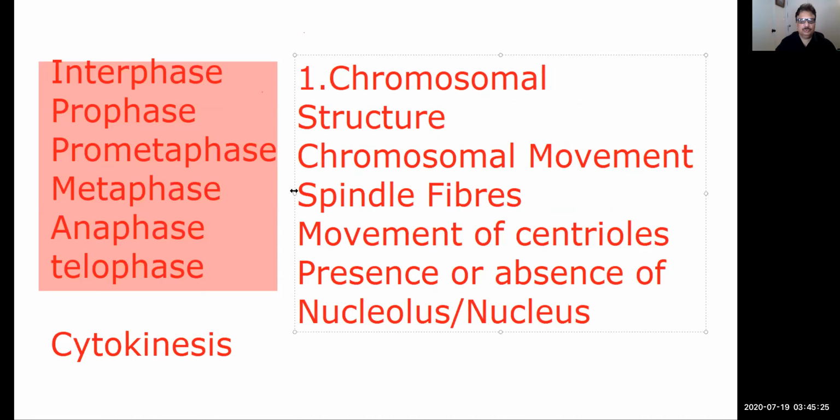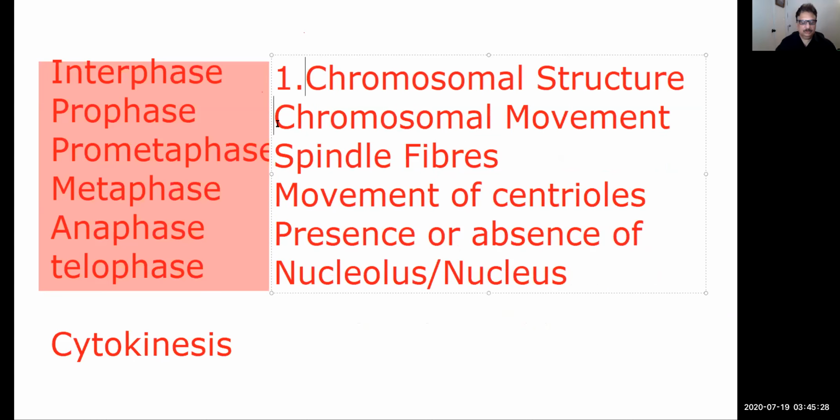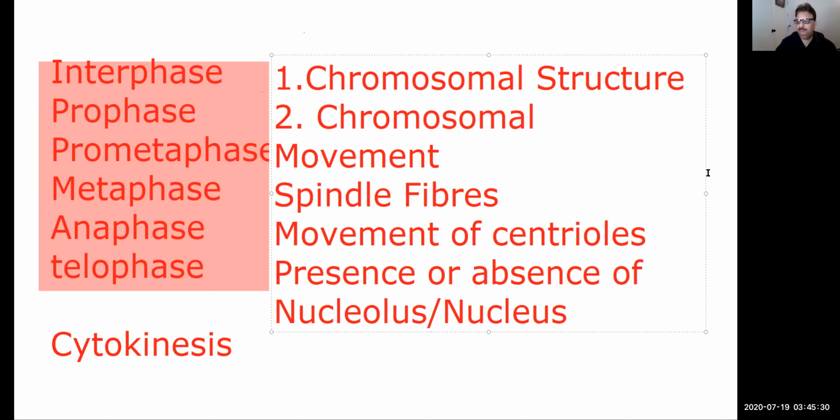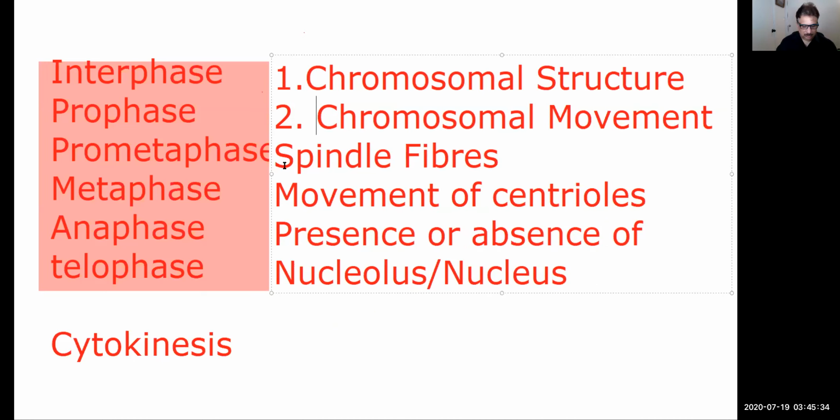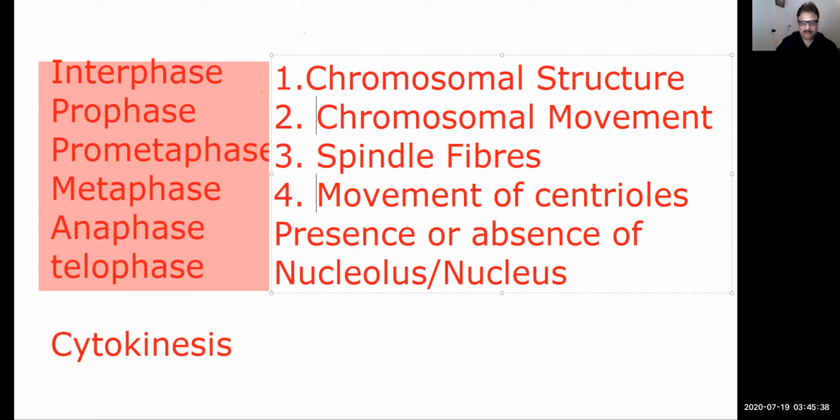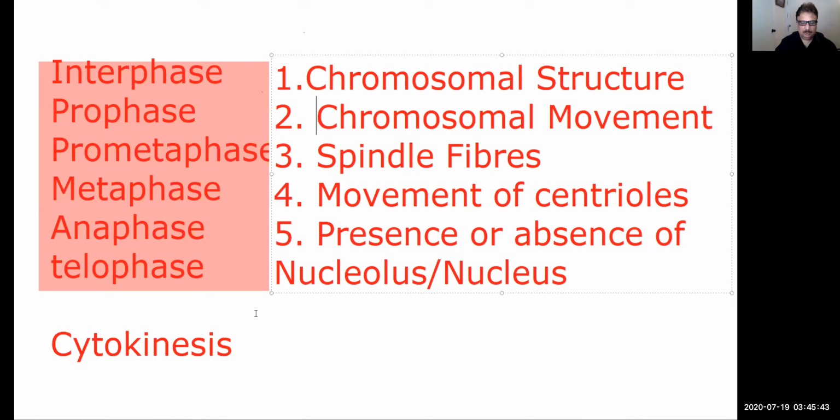Each phase you have to focus on these salient features. If you focus on this, you will never get confused, whether in genetics class or in molecular biology class, and things will be very clear.